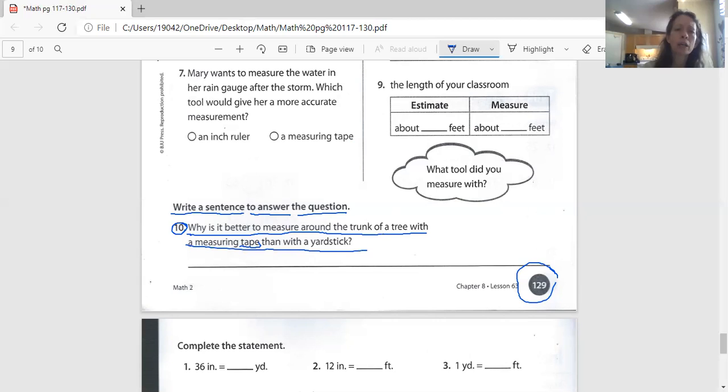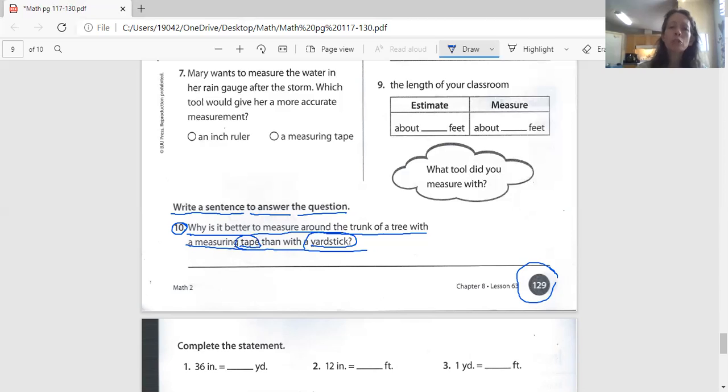Okay. We just talked about these. The yardstick is big, long, and stiff. And can you wrap that around the tree? Ooh, not without breaking it, can you? So the best thing to use is going to be a measuring tape, which is a lot like a belt. So you can kind of wrap it around, just like you would wrap a belt around your waist.